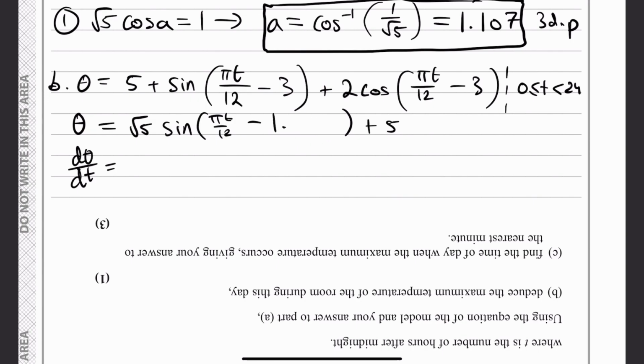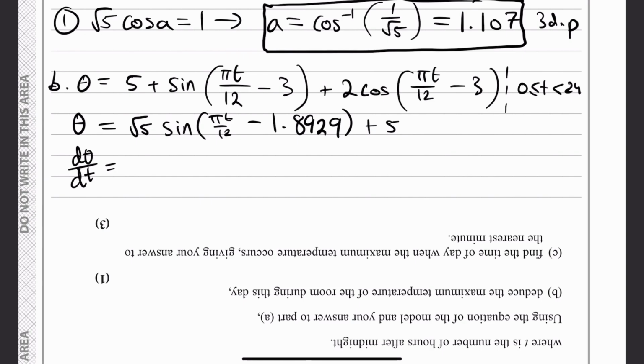Minus 3 plus alpha is minus 1.8709. Yeah, okay. And now we can just work out the derivatives.